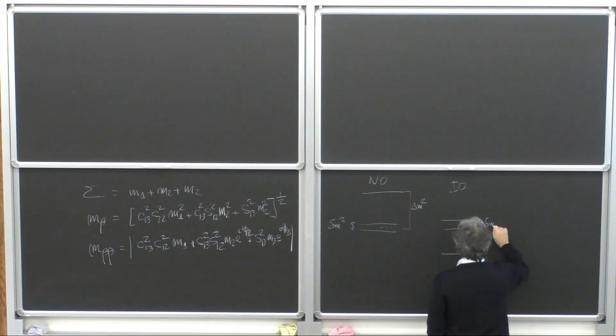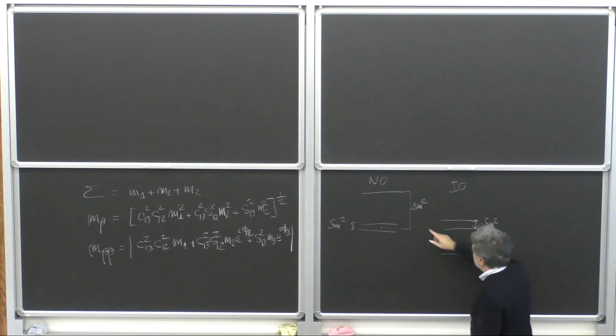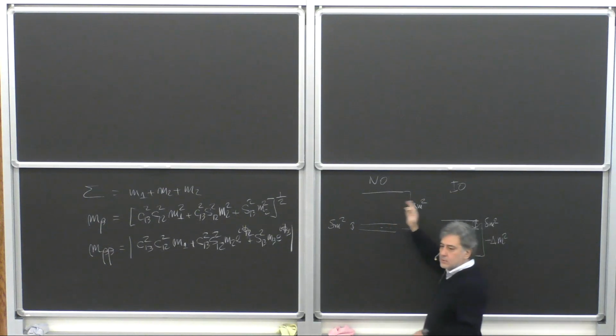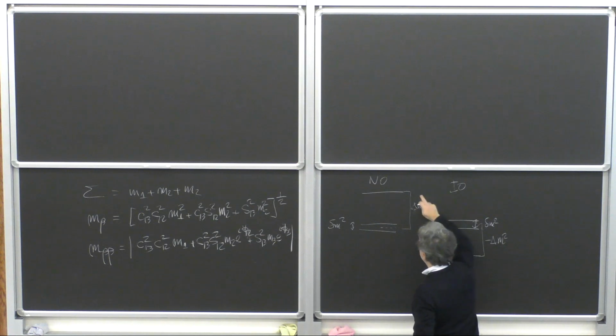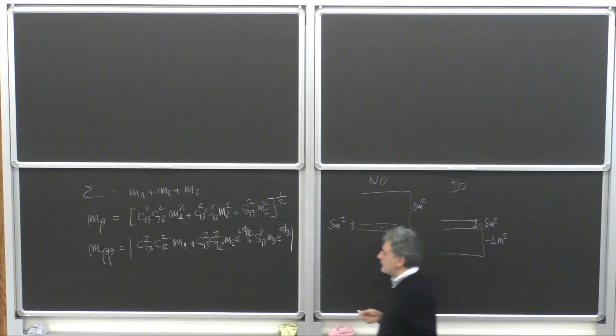The small delta m squared is always positive, while you go from normal to inverted ordering by changing the sign. So assume that this is positive and inverted order is minus this one.